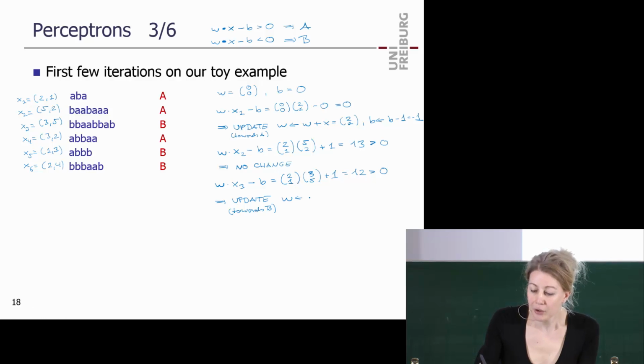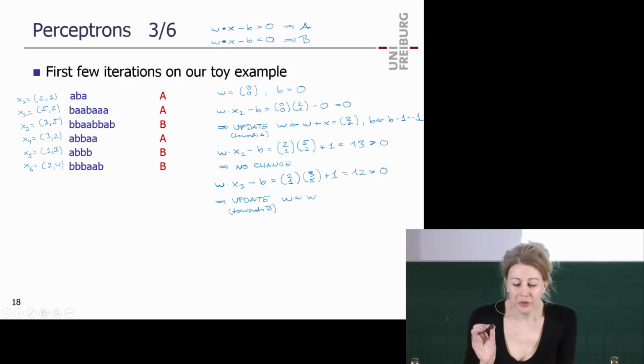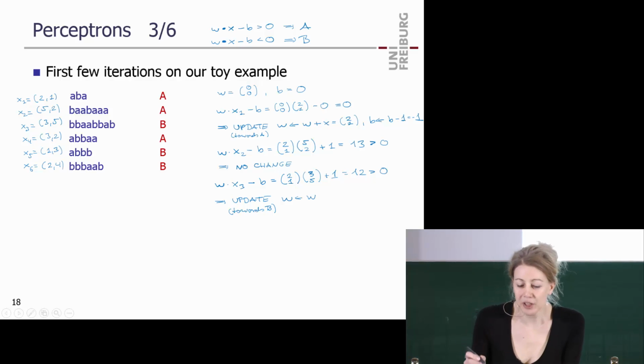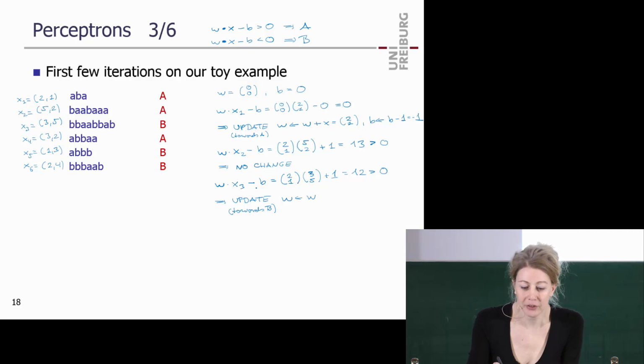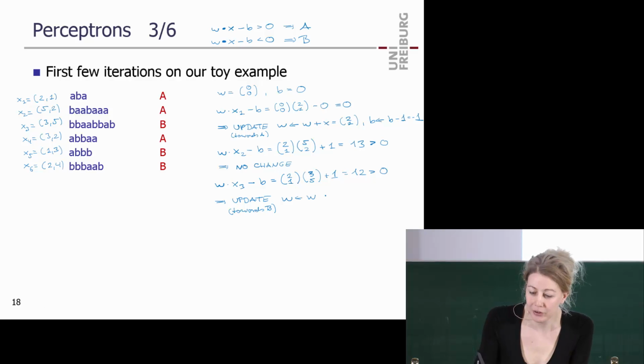Which means now I do the other thing. And I think it's useful, you get some intuition. This is too positive now. All numbers are positive, and it should be negative, because this thing should be classified as B. So somehow I need to get some negative numbers. So it makes sense to have a minus here. And you will see on the next slide why that is meaningful. So the weight vector was 2, 1, and now I just subtract the 3, 5.